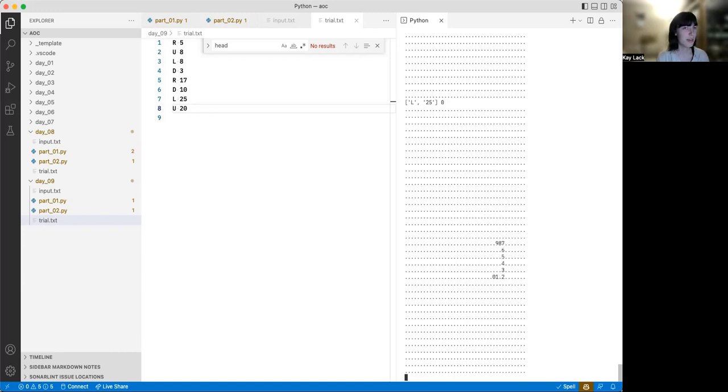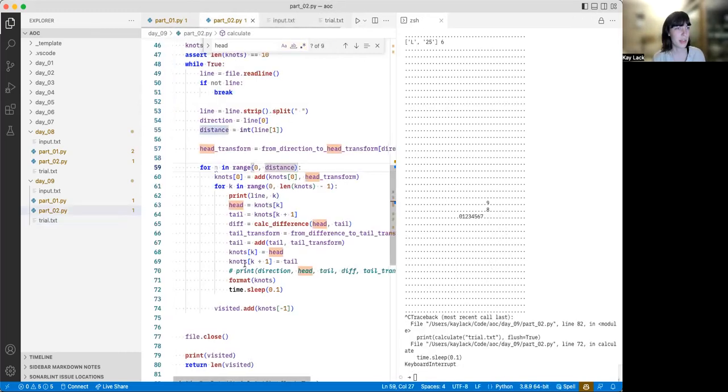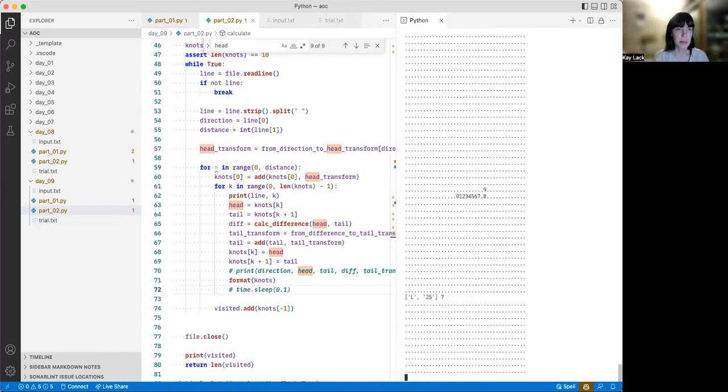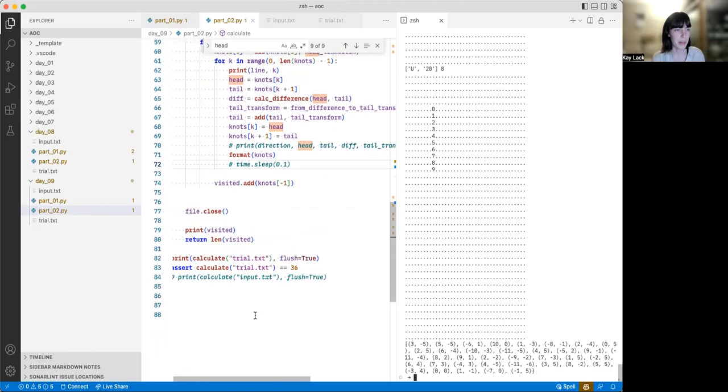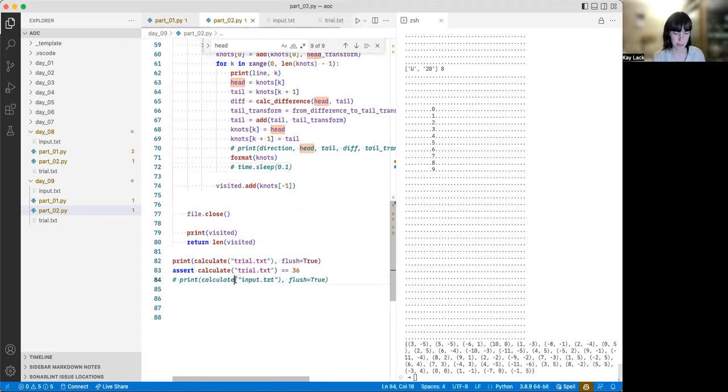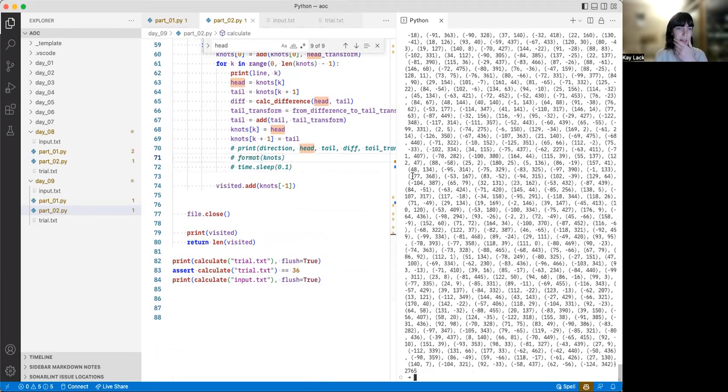Now we're going left 25. It's going to take too long. I'm going to turn off the sleeps. Okay, we win. We get there. It actually works. Okay, in which case, let's stop all this costly formatting.